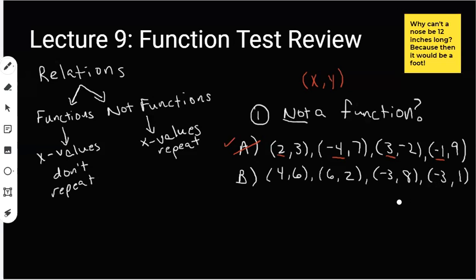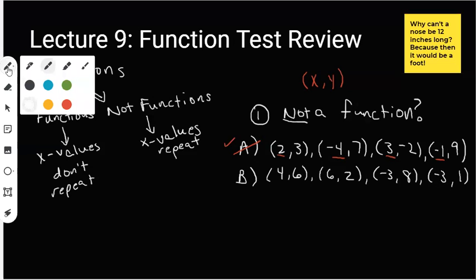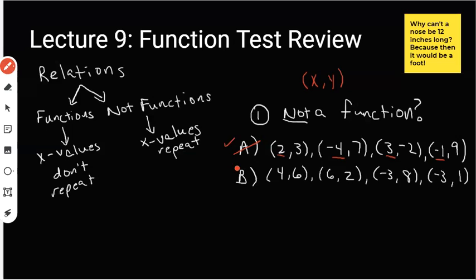What I'm going to do with all these ordered pairs is underline the x values. For the first ordered pair, we have 4. For the second, we have 6. And then we have negative 3 and negative 3. Do you notice how the negative 3 repeats itself? Since the x value repeats itself, this one is not a function. So answer choice B is going to be our answer for this one.